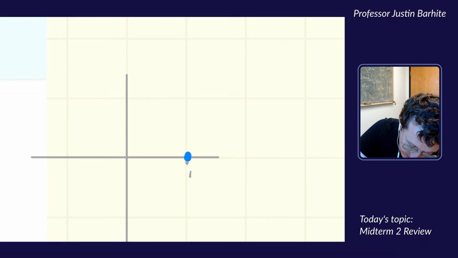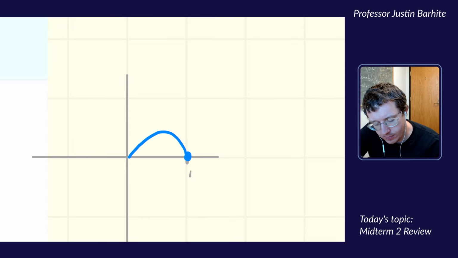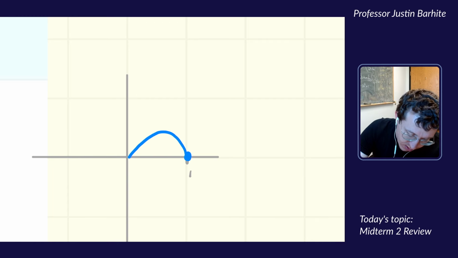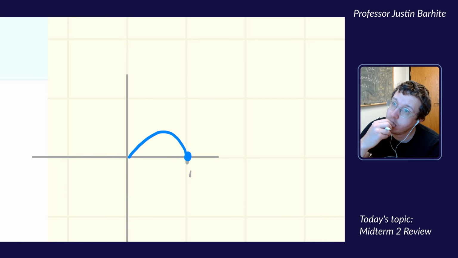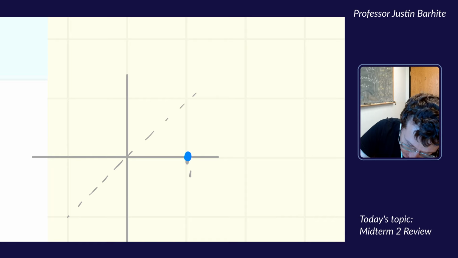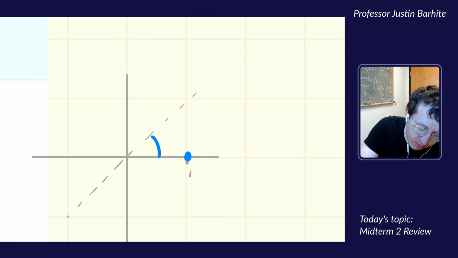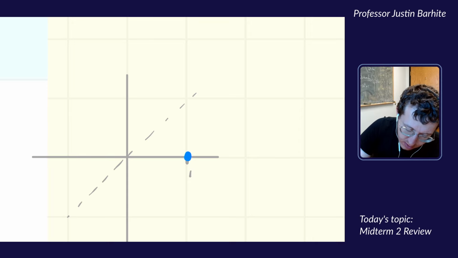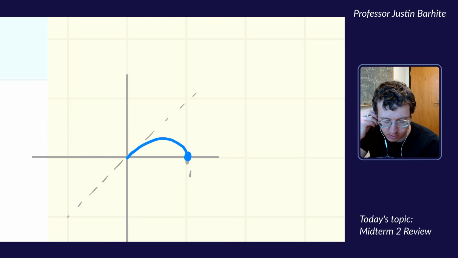Oh, sorry. As theta increases from 0 to pi over 4, the cosine is going to decrease to 0.